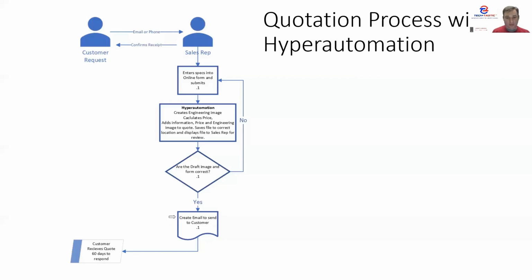So once they send that email off to the customer, again, the customer has 60 days to respond to it. So let's take a look here. Again, the hourly labor cost is $30 an hour. And let's break down what the rework labor will be per quote now.